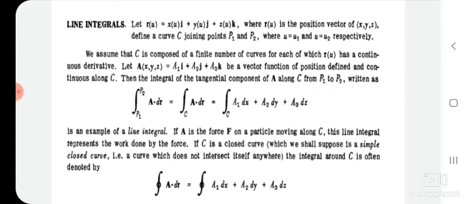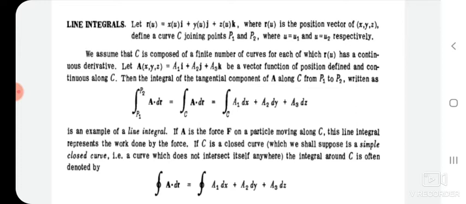If A is the force F on a particle moving along C, then this line integral represents the work done by the force.